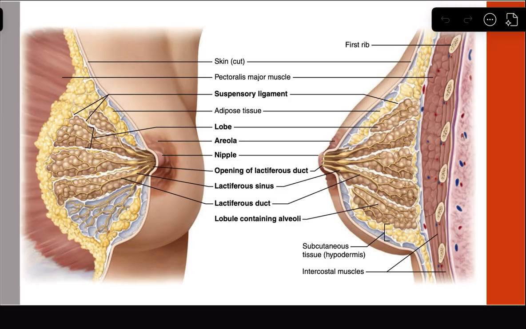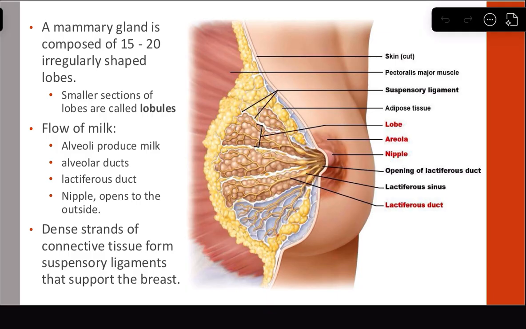Okay, so onto this next slide. Internally, each mammary gland, and of course there are two, will consist of 15 to 25 lobes that are going to radiate around the nipple. We're looking from an anterior perspective at this diagram.